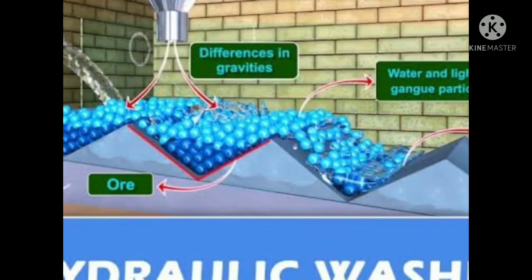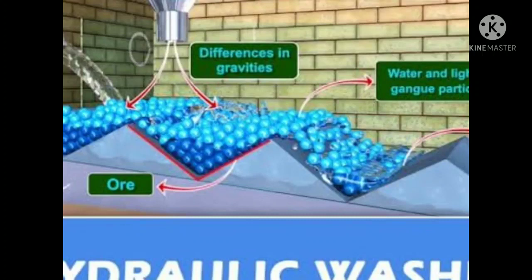So what happens? If our ore is made of heavier particles, you have to keep it in mind. This technique is only followed if our ore is heavier than the gangue, because the principle is based on what? Density difference between ore and gangue. So this method is only applicable if our ore has a higher density than the gangue.